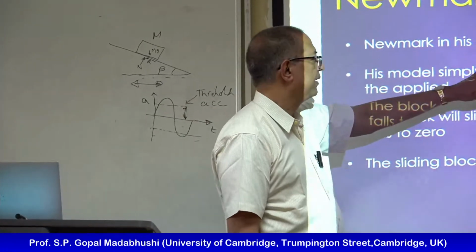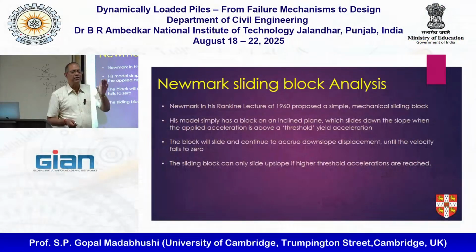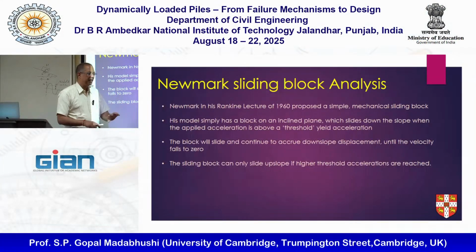So he's done this for earth dams and how these slopes fail. If you go back, put into Google Newmark's Rankine lecture, it's all online, and he's done it to show earth dams can fail because of these types of accelerations. The upslope and downslope of an earth dam can fail because of this.